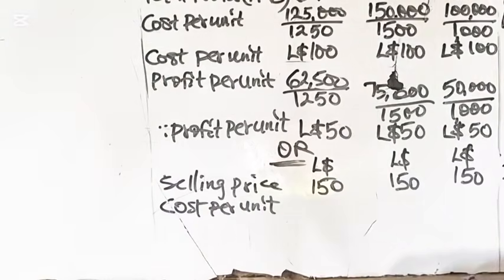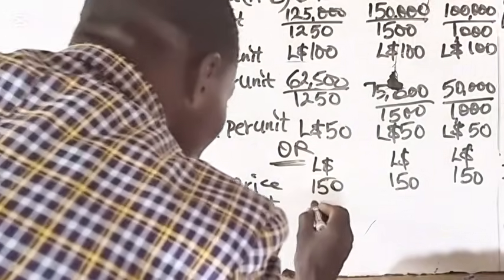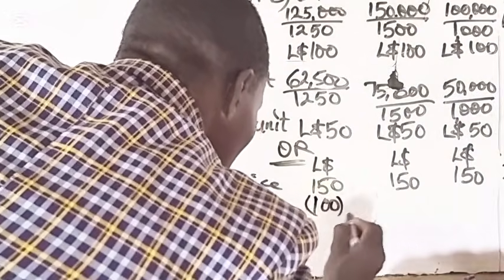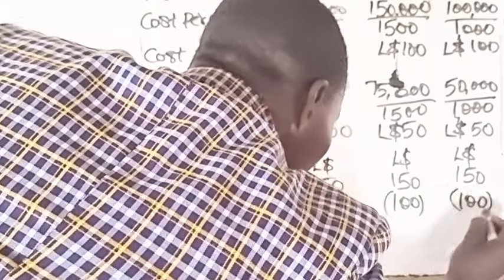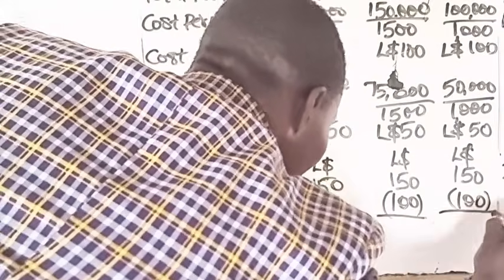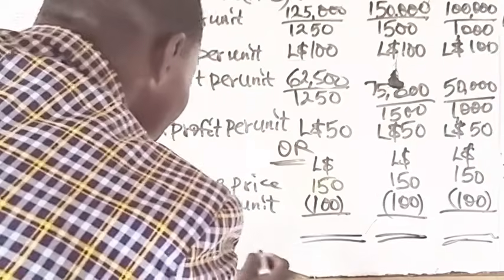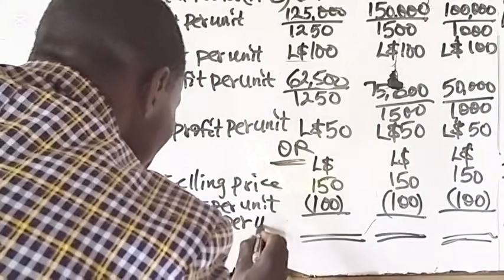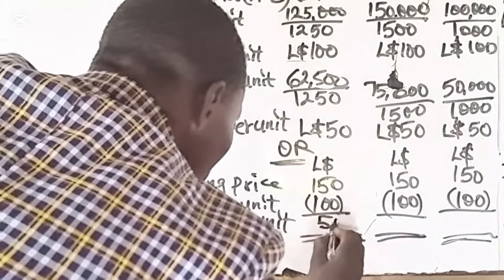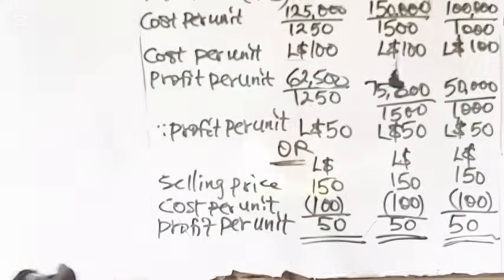And our cost per unit has been determined, and we got 100 Liberian dollar for each of the months. So if you subtract the cost per unit from the selling price, you get the profit per unit. This will be 50, 50, 50. That is the solution to the A part of the question.